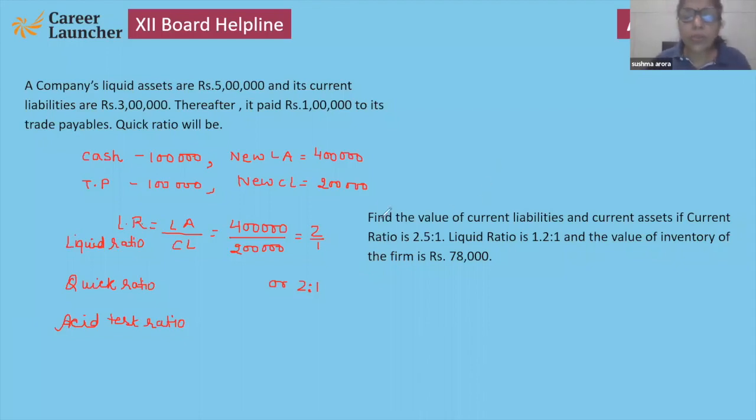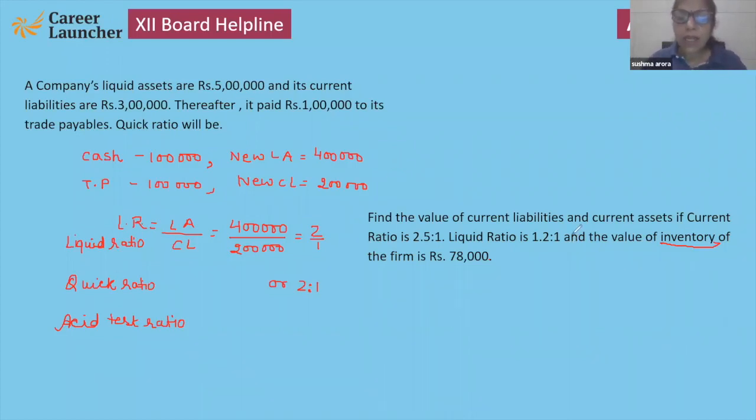Now we will do the next question. Find the value of current liability and current asset if current ratio is 2.5:1, liquid ratio is 1.2:1, and the value of inventory is 78,000. Yes, children, it's my request to you, learn the formulas for this chapter.